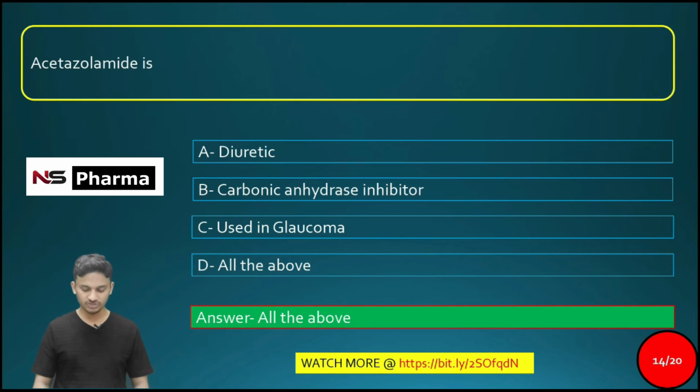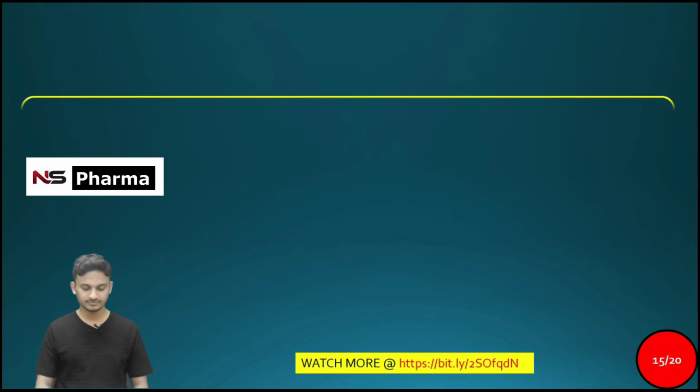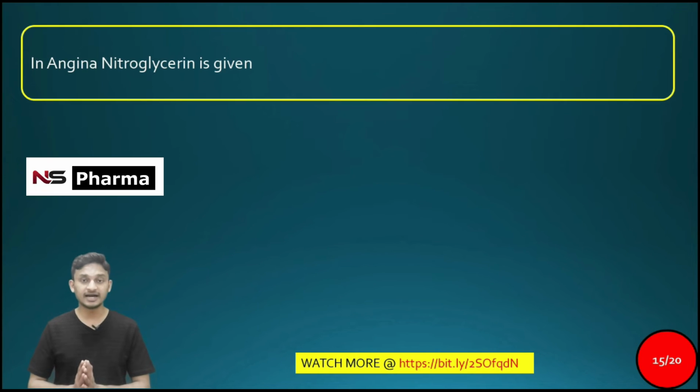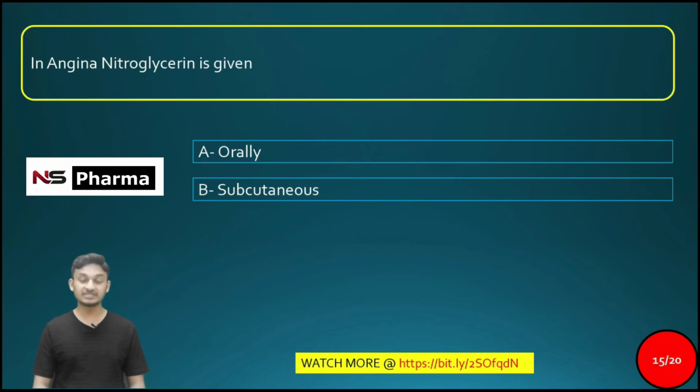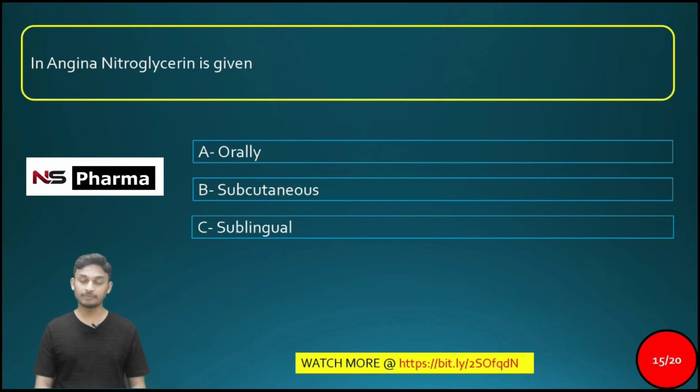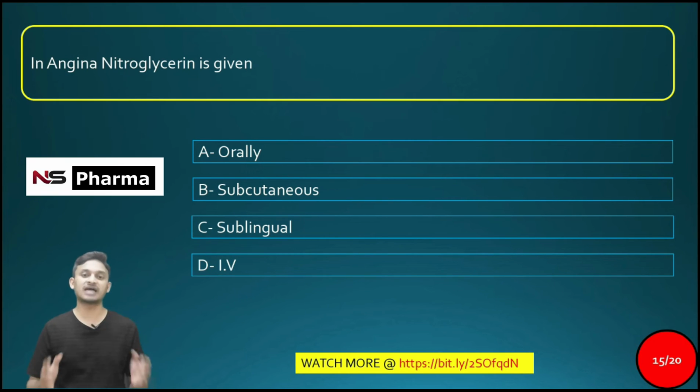Now we will move to the next question, question number 15. In angina, nitroglycerin is given: option A, orally; option B, subcutaneous; option C, sublingual; and the last option, IV.